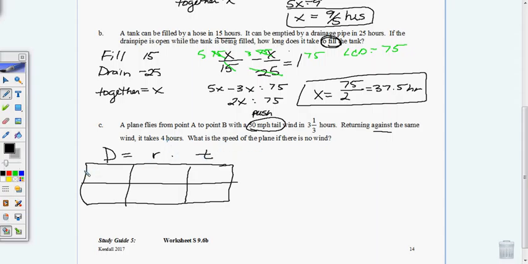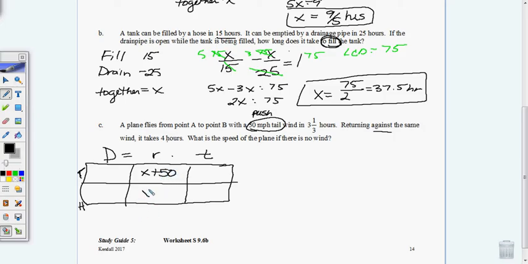So we're going to have a plane. One of them is going to have the tailwind, I'm marking that with a T. One of them is going to have the headwind, marking that with the H. The distance is the same, so we'll fill that out later. We don't know how fast this plane is going, but it's getting a push from the wind, so it gets a plus 50.